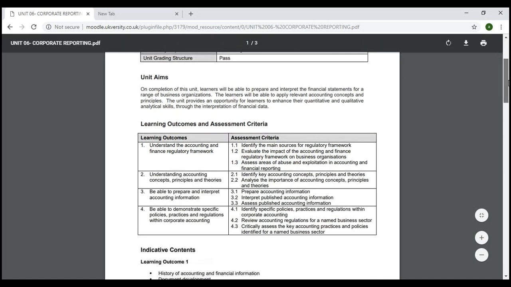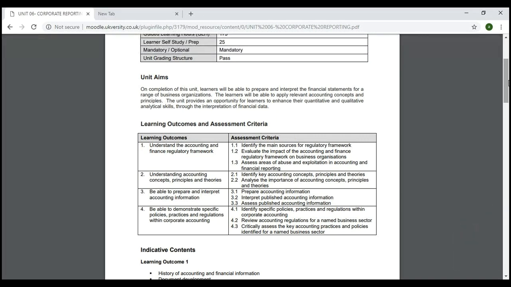To pass this unit, we're supposed to address all these learning outcomes and assessment criteria: understand the accounting and finance regulatory framework. So really we need to understand the difference between international accounting standards and local accounting standards, and how we can set all the standards in accounting. These standards are important.